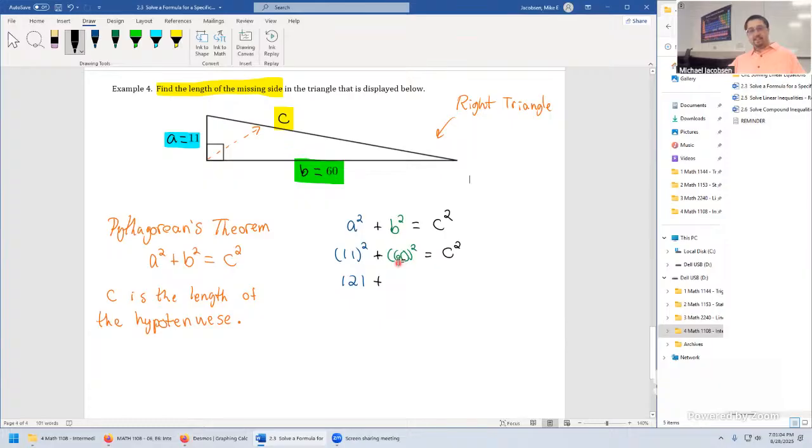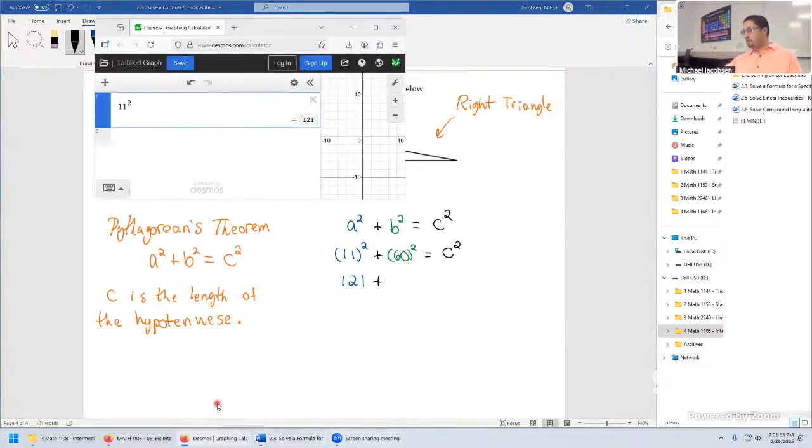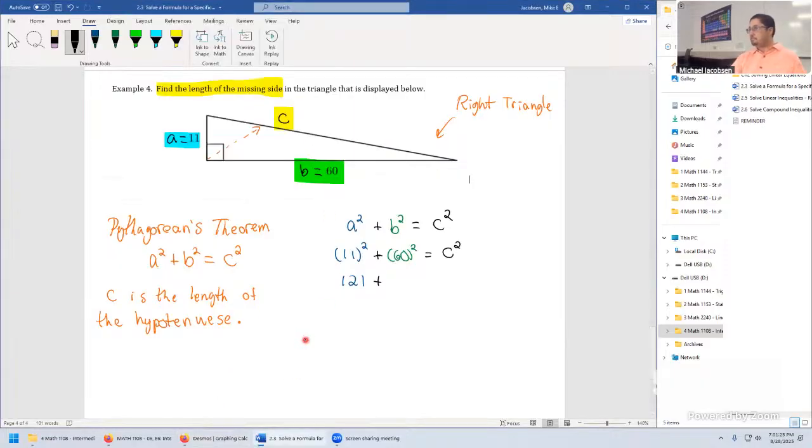Well, if you did this in your head, 6 times 6 is 36, and because you're squaring something with a 0, you'd put in 2 zeros afterwards. But if calculators are allowed on exams, and if this was a real exam problem, this might not be a bad strategy either. And now you're extra sure. 60 squared is 3,600. Equals C squared.